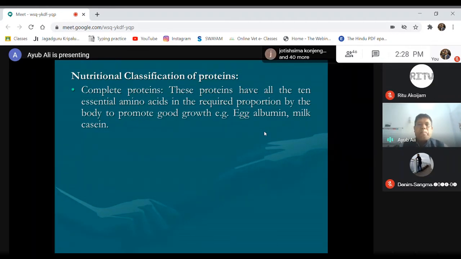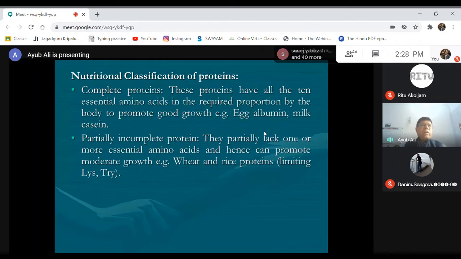Examples of this are the egg albumin, the milk casein. These are some of the proteins which have all the essential amino acids in sufficient quantity. Then partially incomplete. Here they partially lack one or more essential amino acids and hence can promote a moderate growth.